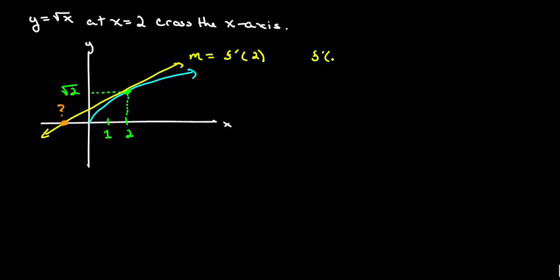Well, f prime of x is equal to d dx of the square root of x. I'm mixing notations here again, so if you want to write this as dy dx, that's fine. The derivative of the square root of x with respect to x is 1 over 2 square roots of x.